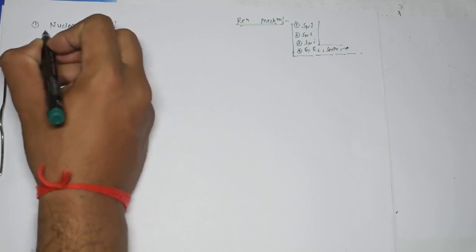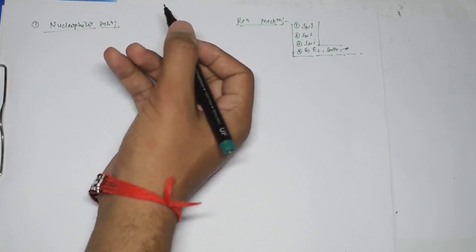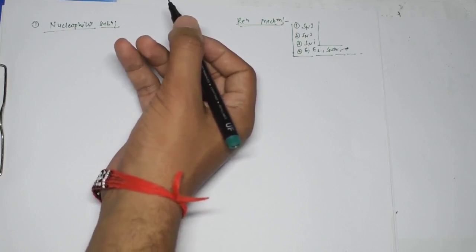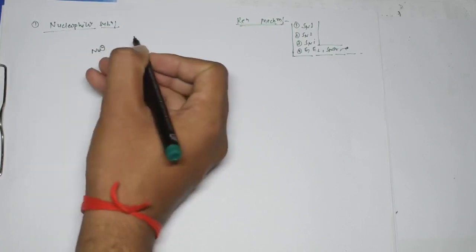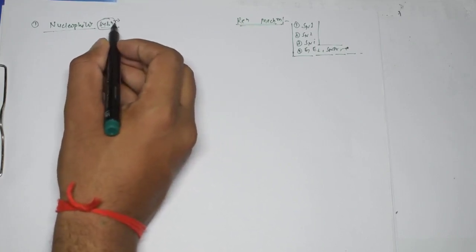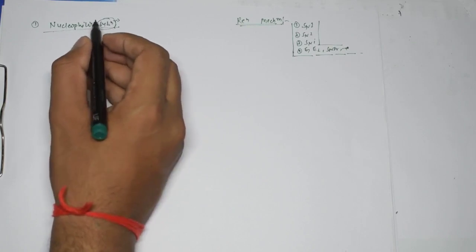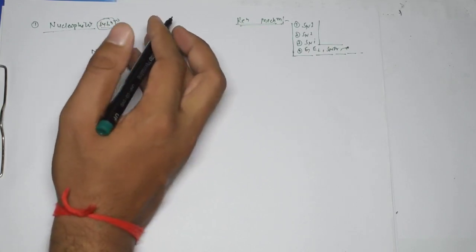In nucleophilic substitution reaction, what happens is we will have a nucleophile, right? And substitution reaction generally means any one atom or group of atoms will be replaced by the other one.